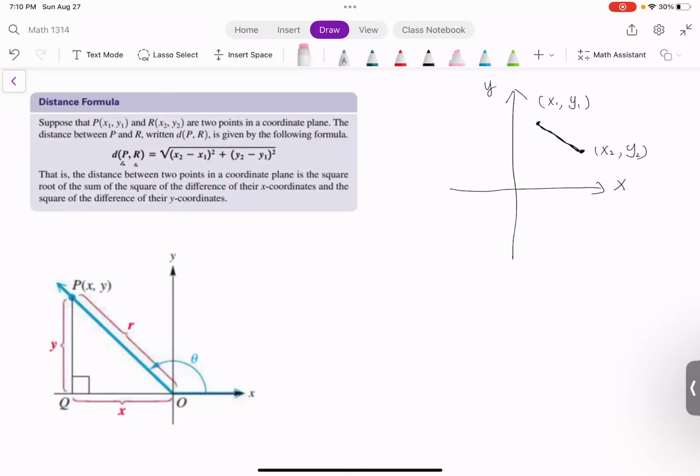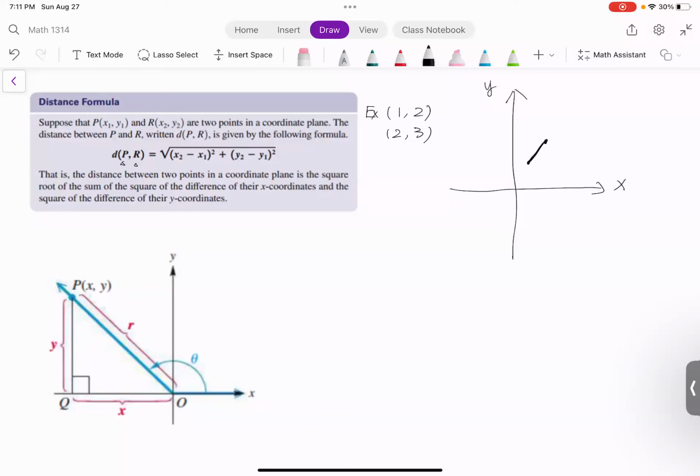For example, I have 2 points. The first point is 1, 2. The second point is 2, 3. Find the distance between these 2 points.